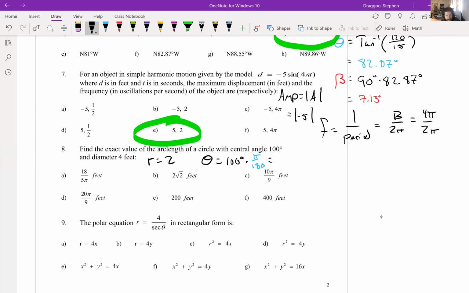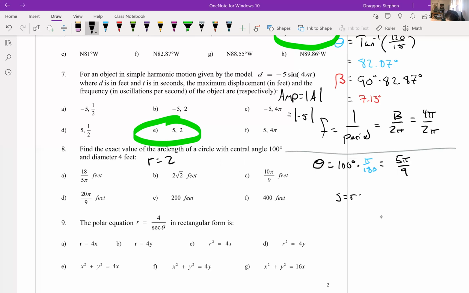But if we come back to 8, we're converting our 100 degrees into radians. And it looks like that is 5 pi over 9. All right, and finally, let's get the arc length.